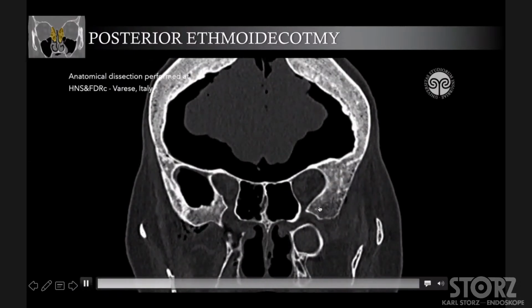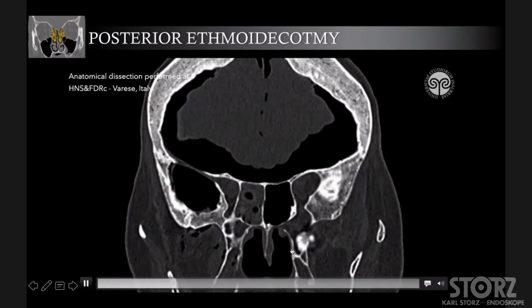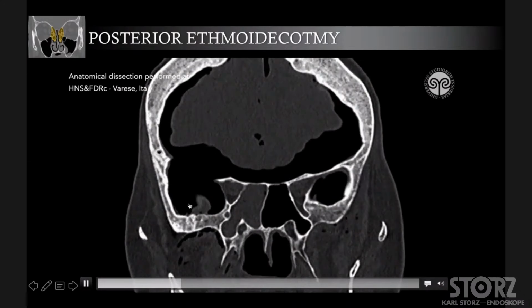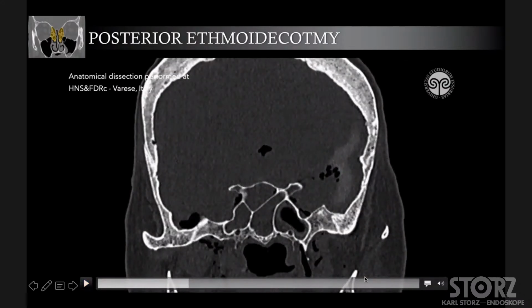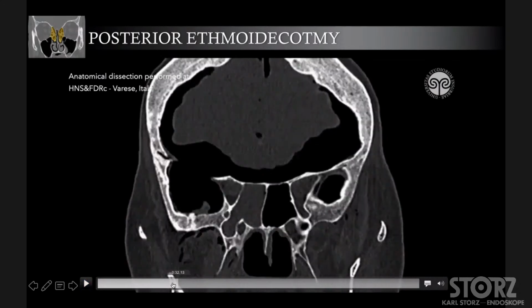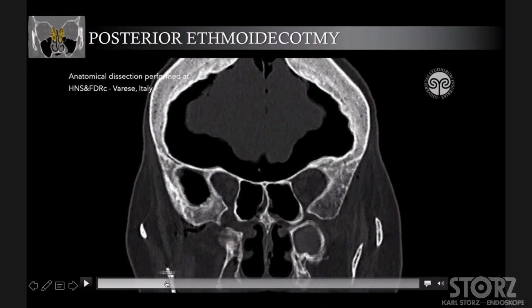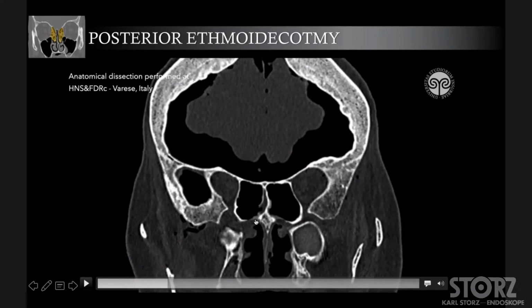In this position, it's important also to understand the pneumatization of the sphenoidal rostrum and then the sphenoid sinus posteriorly. Pneumatization of the sphenoidal rostrum will give us the position of the natural ostium of the sphenoid. The more pneumatized the rostrum, the more lateral we will see the natural ostium of the sphenoid.